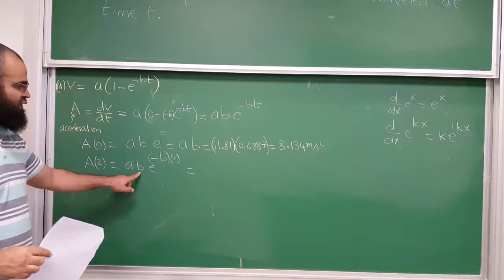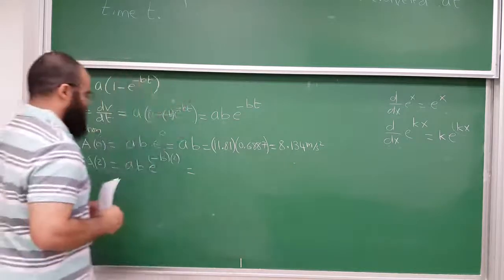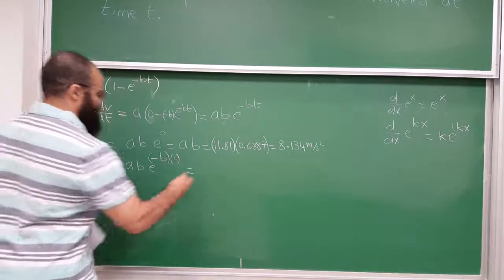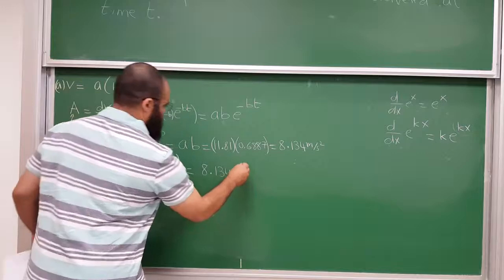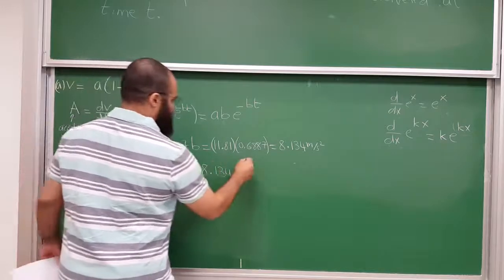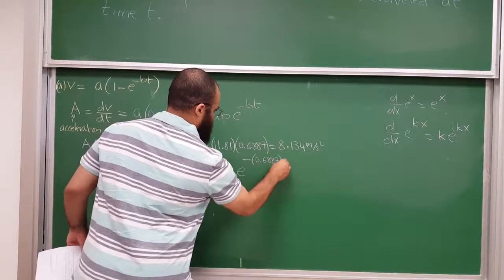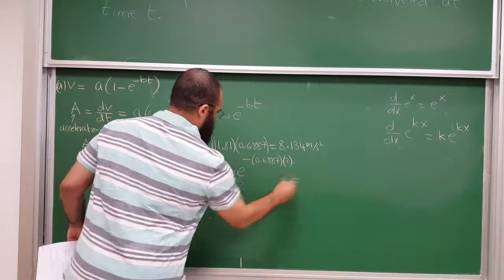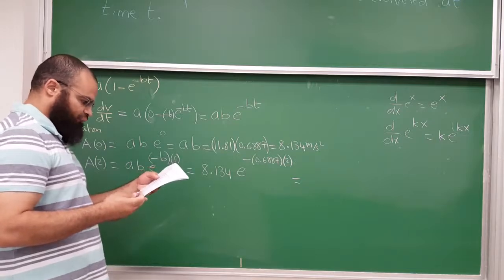Just substitute this. Well, a times b is 8.134, so it will be 8.134 e to the minus b, but minus b is 0.6887 times 2. And if you do that, you get a smaller number here for acceleration.